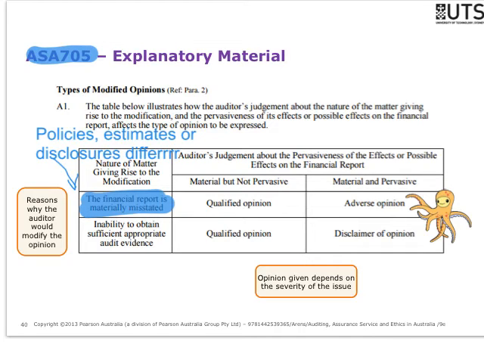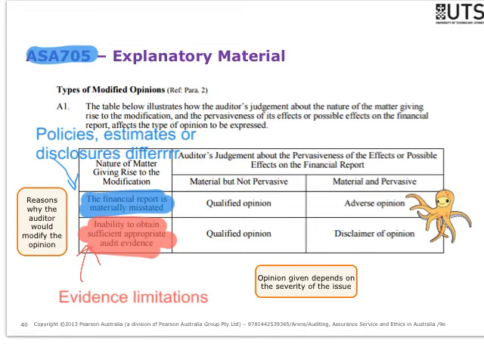Okay. And on the other end, there is an inability to obtain sufficient appropriate evidence. So evidence limitations, meaning we can only tell so much from the evidence we have.